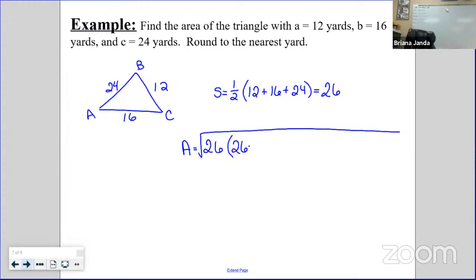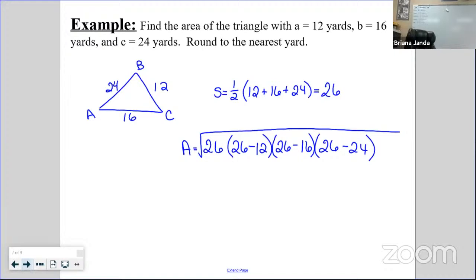So 26 minus 12, 26 minus 16, and 26 minus 24. You can literally go just type it that way into your calculator. Some people like to figure out what 26 minus 12 is, 26 minus 16, 26 minus 24. That's up to you and your personal preference of how you're going to go type that in. I would just suggest using your calculator and not making a mental math error.